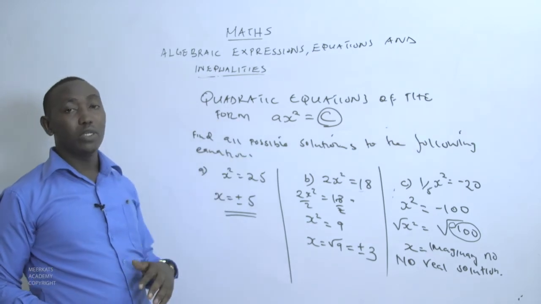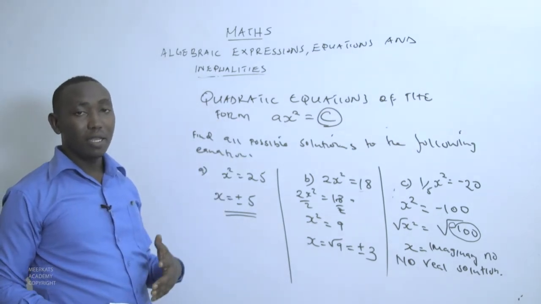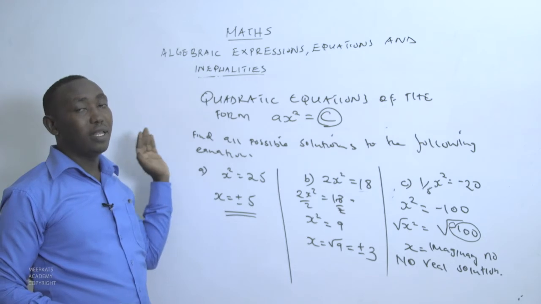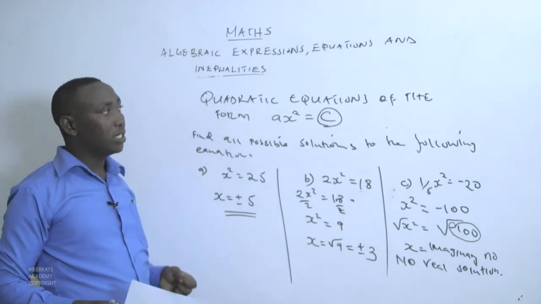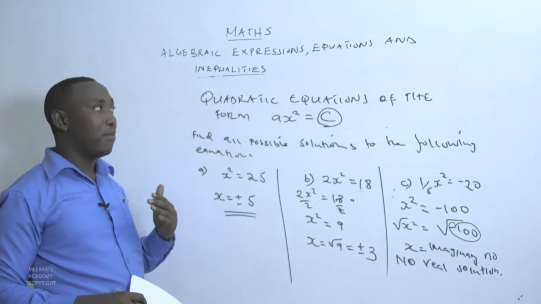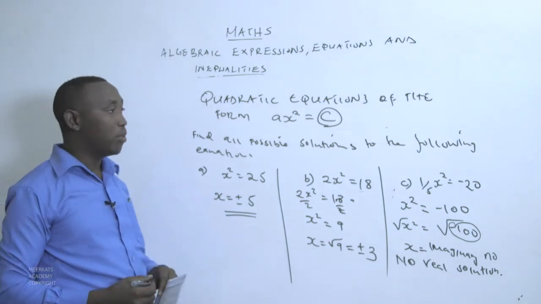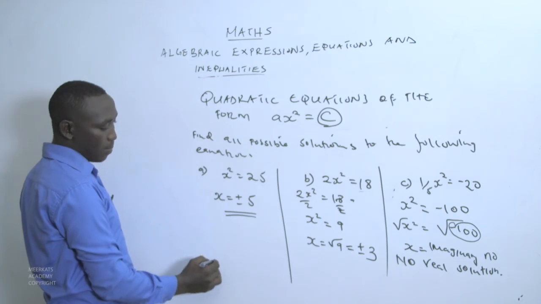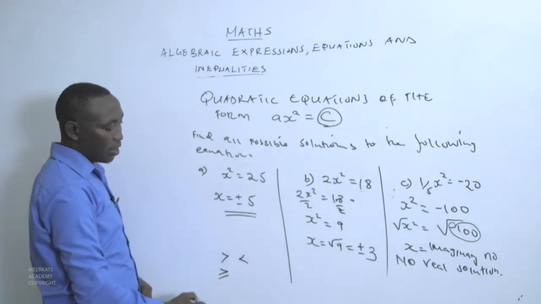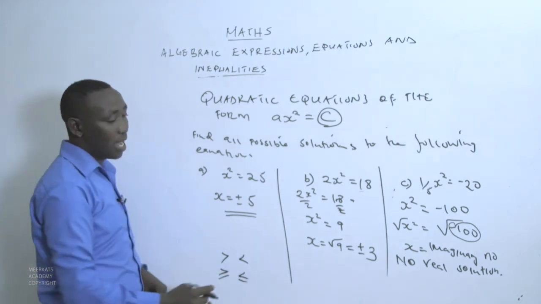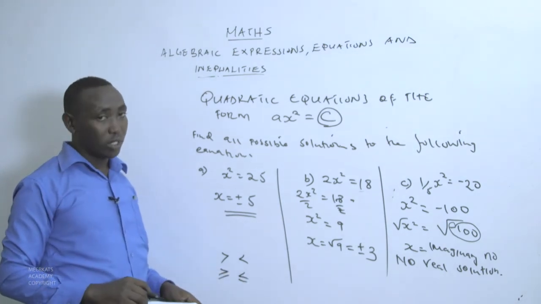In equations, we introduced the use of the equal sign, the right-hand side and the left-hand side in an equation. Then in inequalities, we said we normally make use of the inequality symbols, which are 4 in number: greater than, less than, greater than or equal to, or less than or equal to.